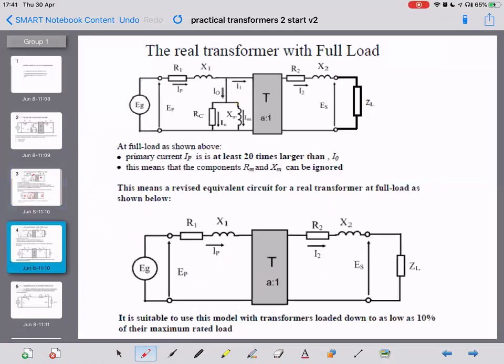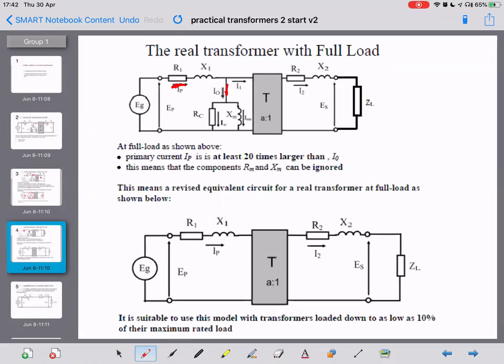Okay. Now, the real transformer with full load. So that's what we've got up the top there. Imagine that ZL connected to the output is a suitable impedance to fully load this transformer. At full load, primary current IP is at least 20 times the size of the current IO.